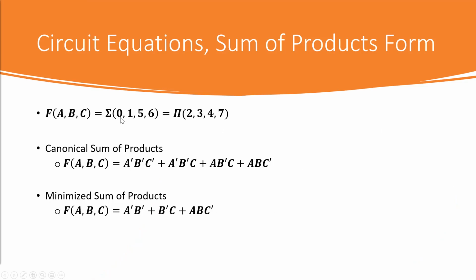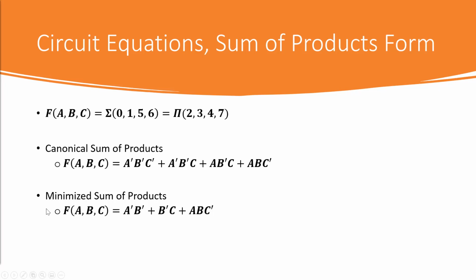And you can see here, Minterm 0 should have a 1. So remember, when you write a canonical sum of products form, you are going to include all the terms that produce 1s. The next term, right, A naught, B naught, C, that's the Minterm for 1. Here's the Minterm for 5 and 6, right? We won't go through these, like I said. I have other tutorials that do that.